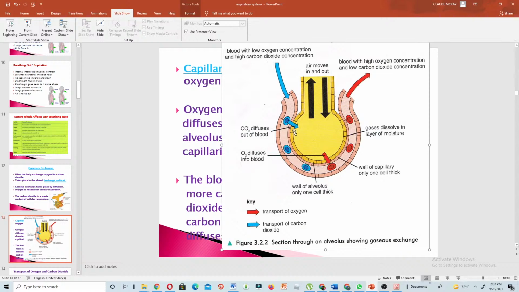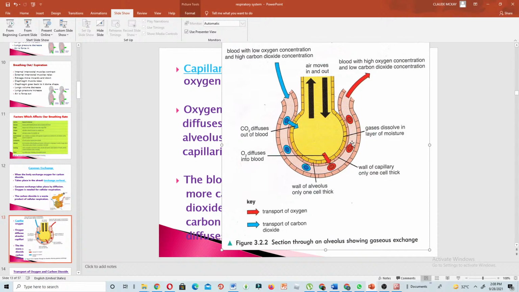While carbon dioxide is coming out of the blood into the respiratory system so we can breathe it out, oxygen is now leaving the alveolus, going into the circulatory system or into the blood, so that the blood can take it to the different body parts, for example, the brain and your muscles that need that oxygen.